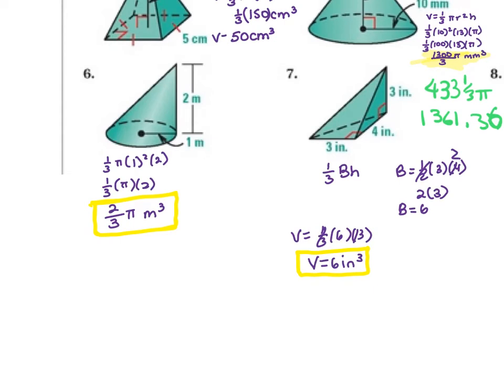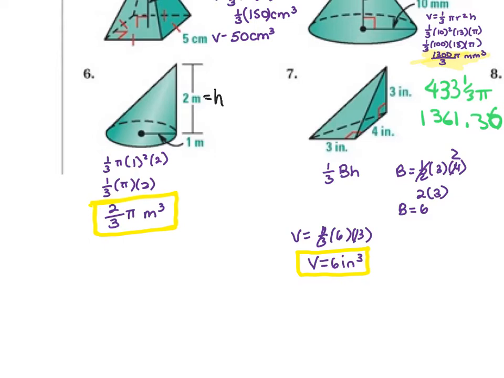So for 6, remember the height, even though the cone looks like it's slanted, they're giving us this height outside here because it's always like a perpendicular distance. So then we just plug it into the formula, the 1/3 pi r squared height, and it's 2/3 pi.